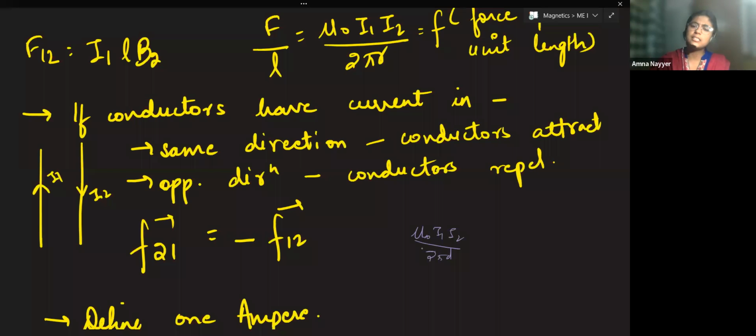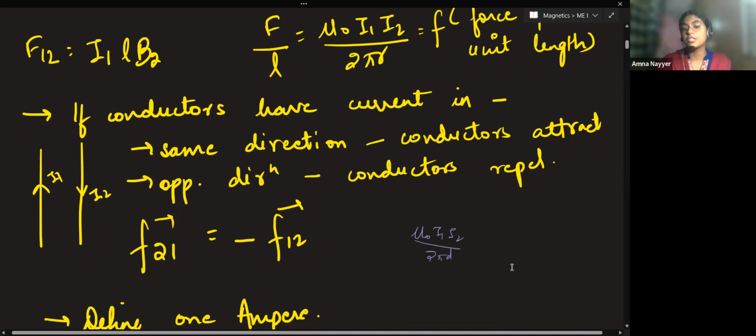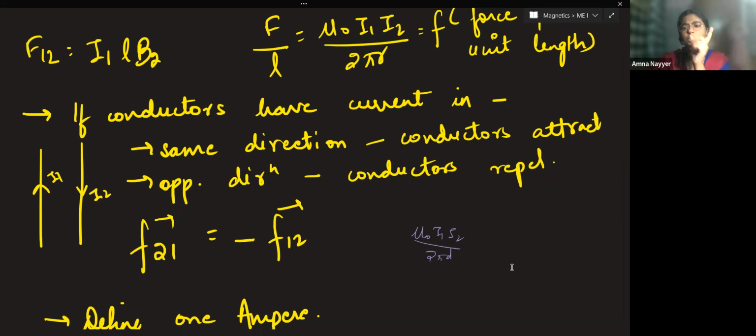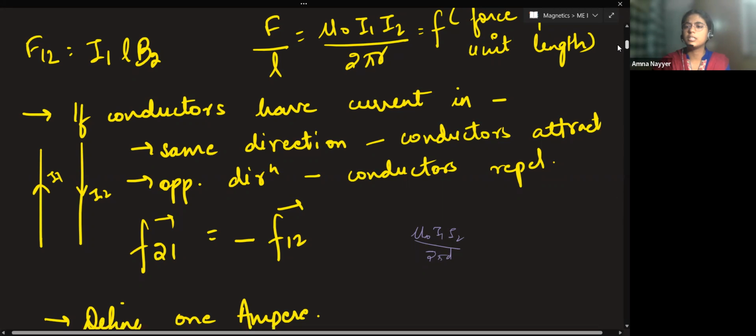It's just that since in one case they attract each other and in the other case they repel each other, we just have a negative sign. So if by chance a question asks to find force on second due to first and first due to second, you can calculate one magnitude and put a negative sign for the other.